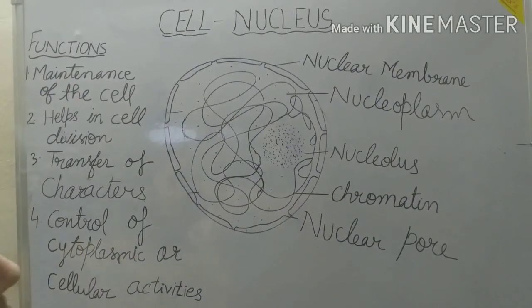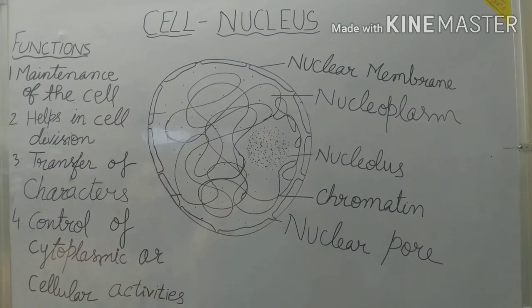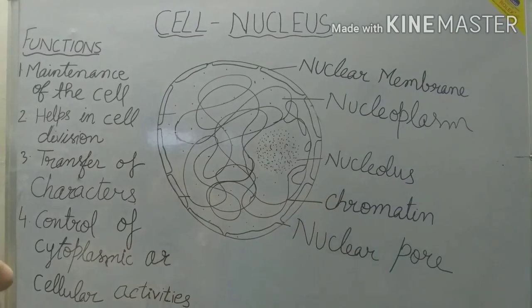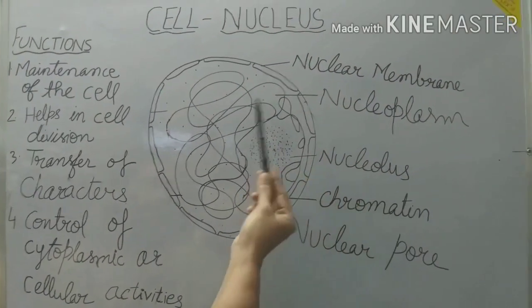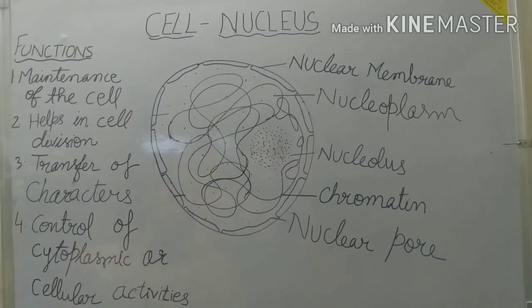Now second is nucleoplasm. The jelly-like fluid which is filled inside the nuclear membrane is known as nucleoplasm, and in this nucleoplasm the nucleolus and chromatin are suspended.